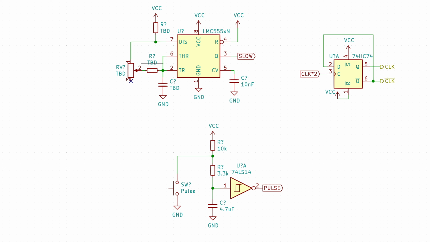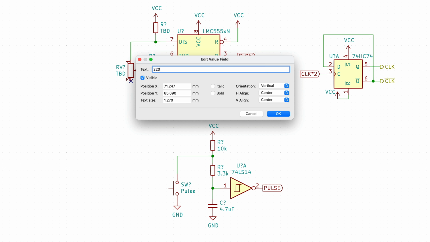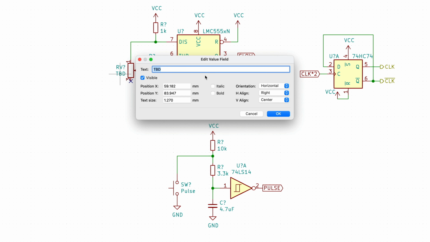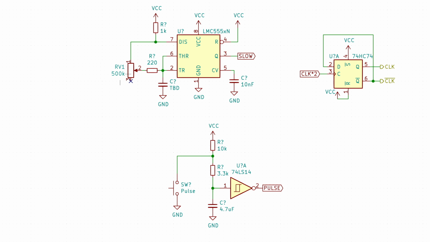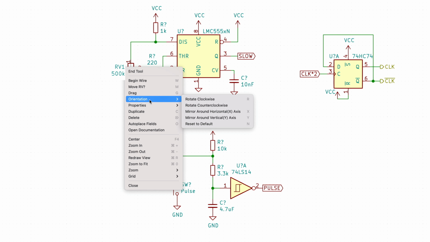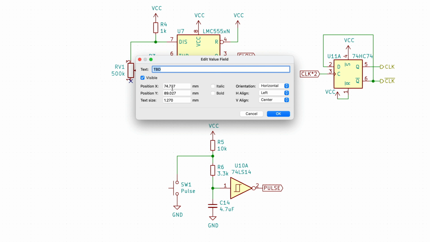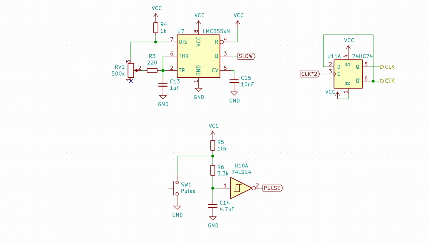Then the resistor here is 220, and the pull-up resistor is 1K, and then the potentiometer is 500K, and we actually connected to pin 2 and 3, not 2 and 1. So yeah, this is everything. Let me annotate. All right, perfect. Oh, actually, and this capacitor here is 1 microfarad, and this should be everything now.